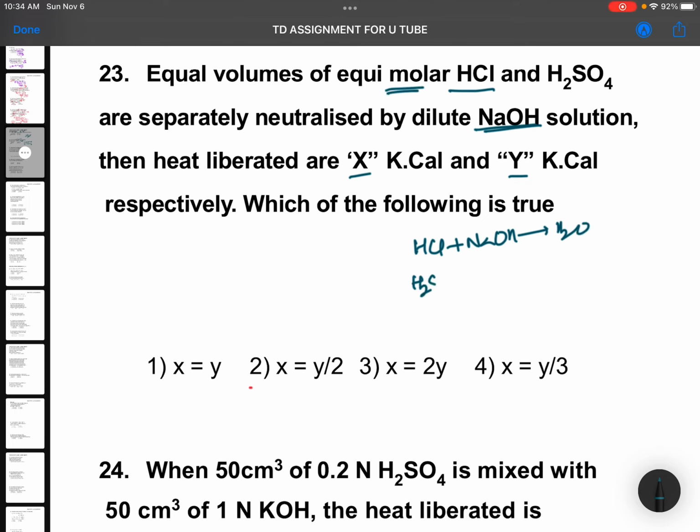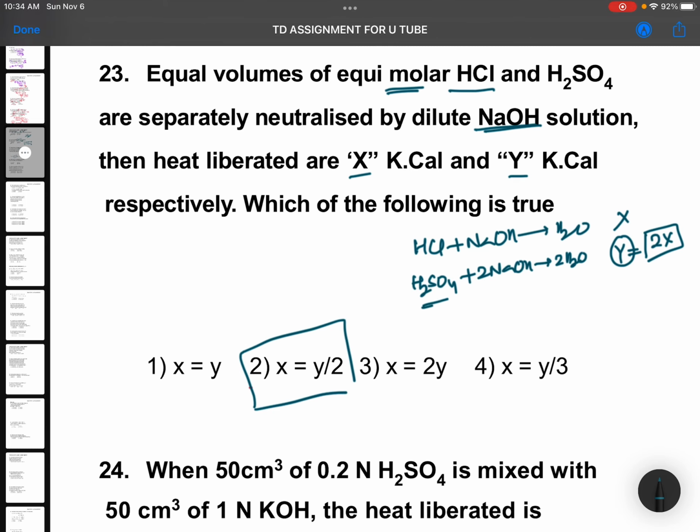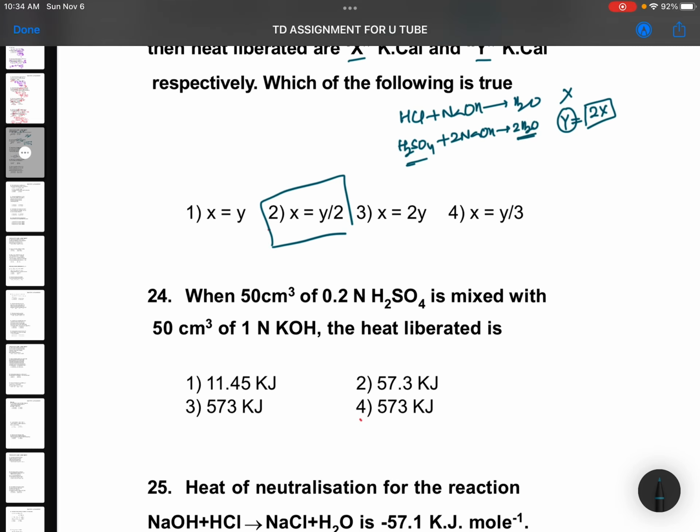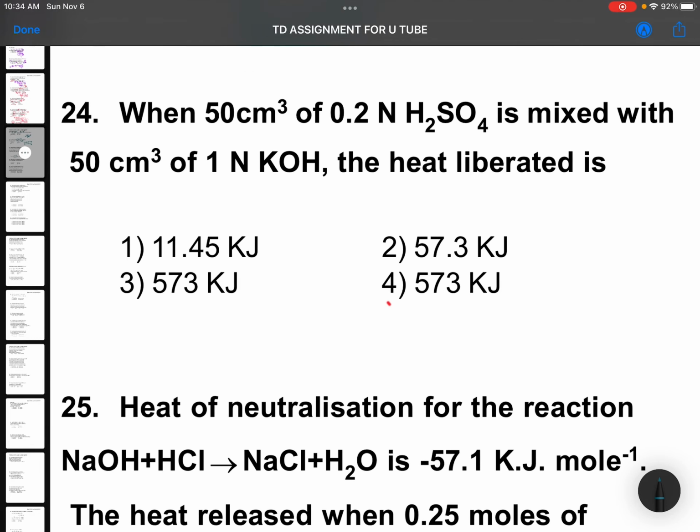If you take H2SO4, it will join with 2 moles of sodium hydroxide to form 2 water molecules. If here X is formed, here Y is going to form, and this Y is definitely 2X, double of that. So X is equal to Y by 2. Because in this case 2 water molecules are formed, and for each water molecule the energy released is 13.7.